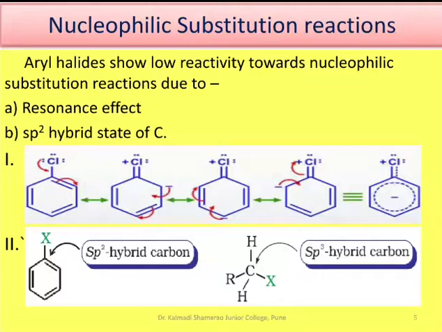As we all know, bond strength is inversely proportional to bond length, so the C-X bond in haloarene is stronger as compared to haloalkane. Still, haloarenes do undergo nucleophilic substitution reaction but under drastic conditions.